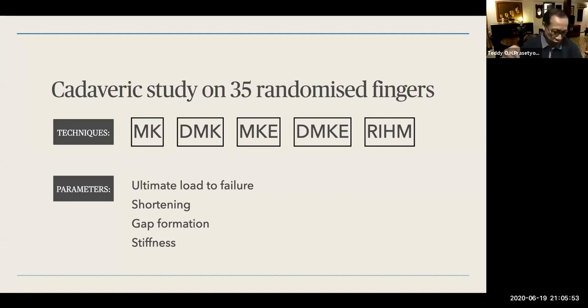The techniques involve the modified Kessler. This is the double modified Kessler. This is the modified Kessler with epitendinous repair or suture. This is the double modified Kessler with epitendinous repair. And this one is with the more complex repair with the mattress concept.